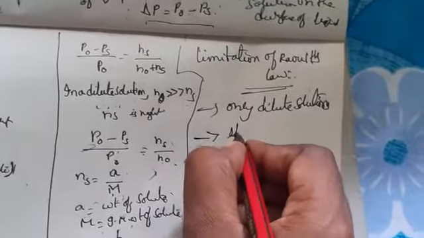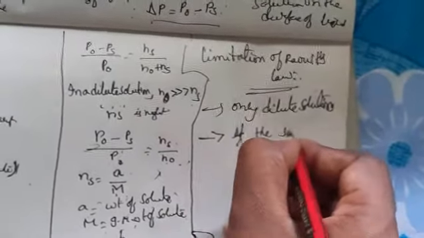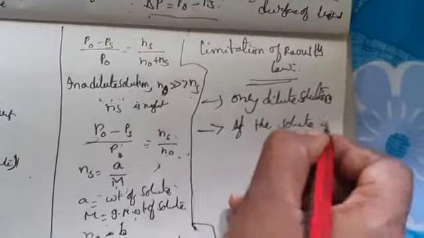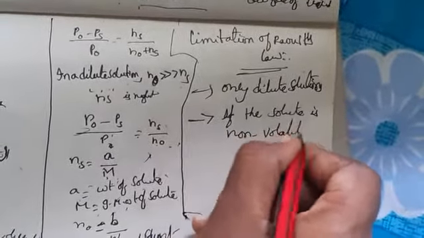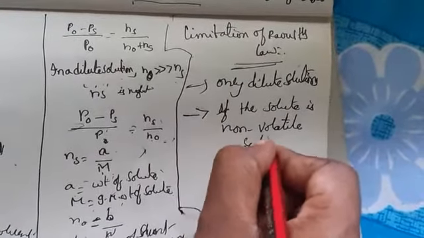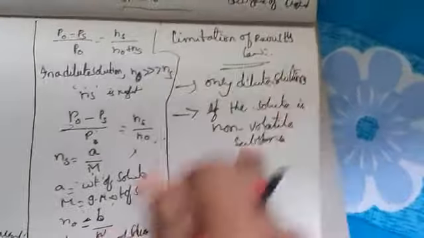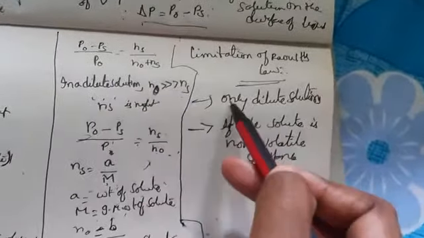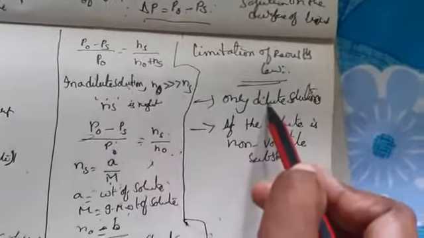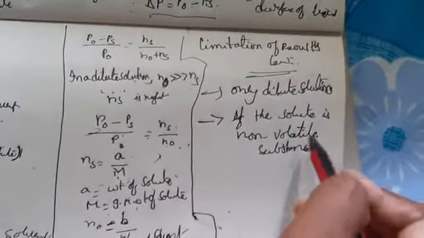Only if the solute is a non-volatile substance will Raoult's law take place. So it applies only to dilute solutions, and the solute must be a non-volatile substance.